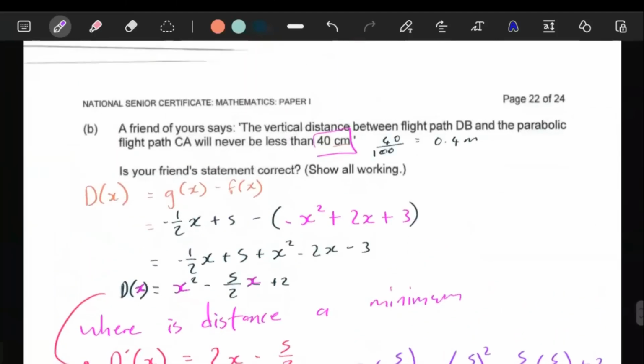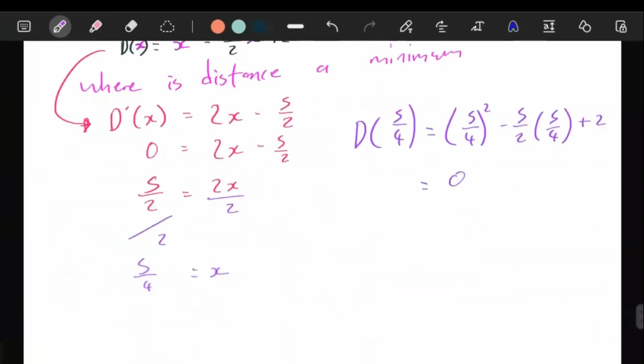We're getting 0 point something. We're getting 0.43. Oh, yes, that's good enough, because here we're getting 0.4375. Remember, this is in meters.